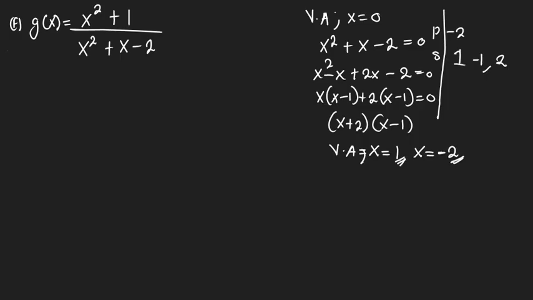These are vertical asymptotes. Horizontal asymptote, guys, who can tell me? Because you have the same degrees, your horizontal asymptote is going to be 1. Guys, already in your head you have a picture of how this graph is going to come out. Forget about what is on top.